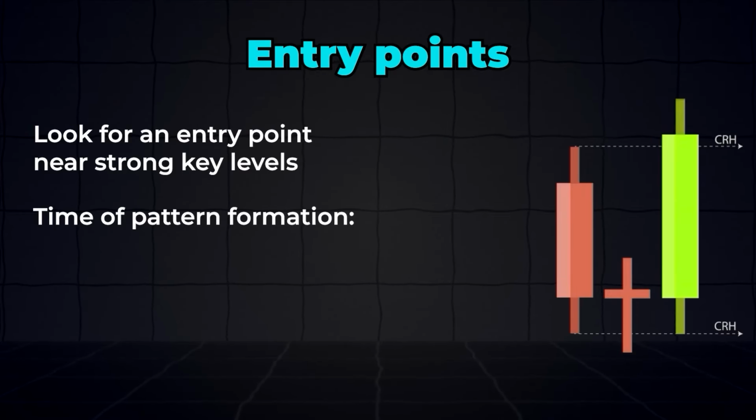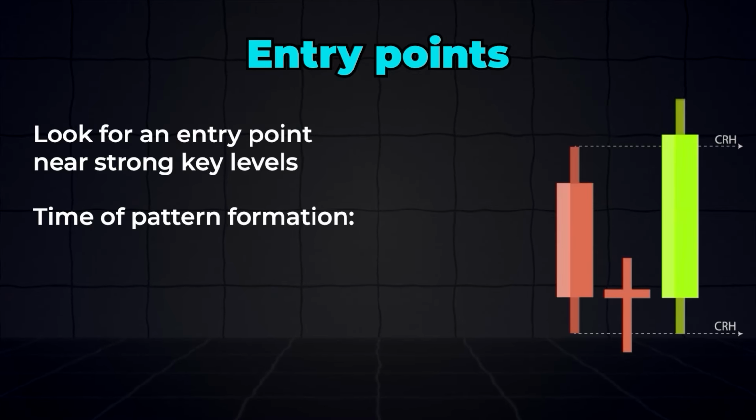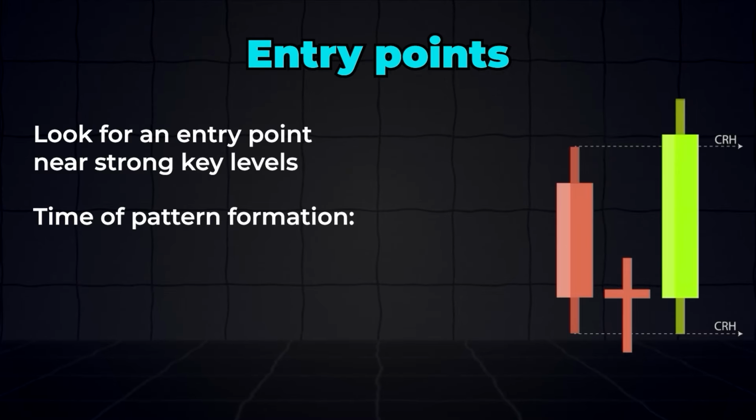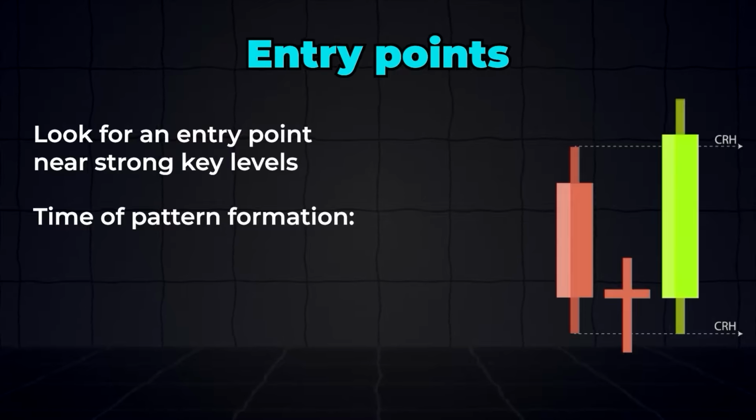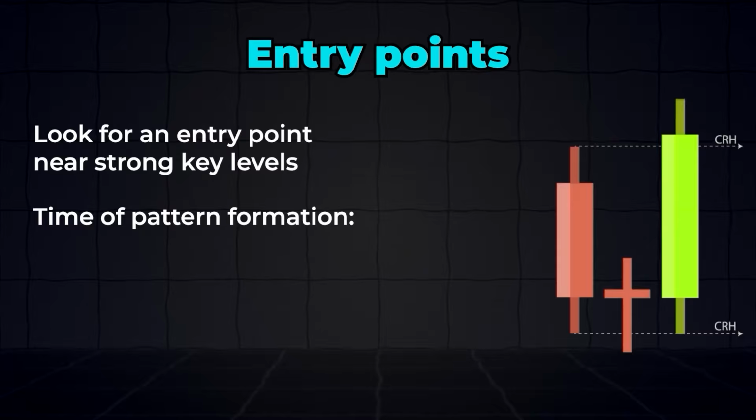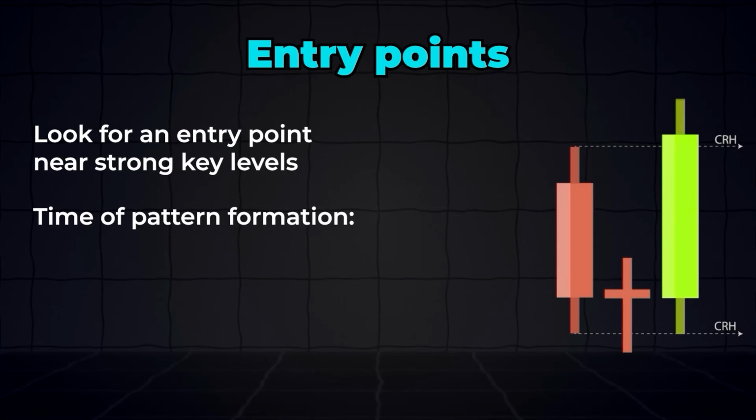More importantly, you need to look for CRT patterns around key levels, rather than in random areas on the chart. The timing of CRT formations also plays a critical role. Make sure you identify these patterns during significant market hours, when institutional activity is highest. This approach ensures you're trading in alignment with the broader market structure, rather than chasing isolated price movements.